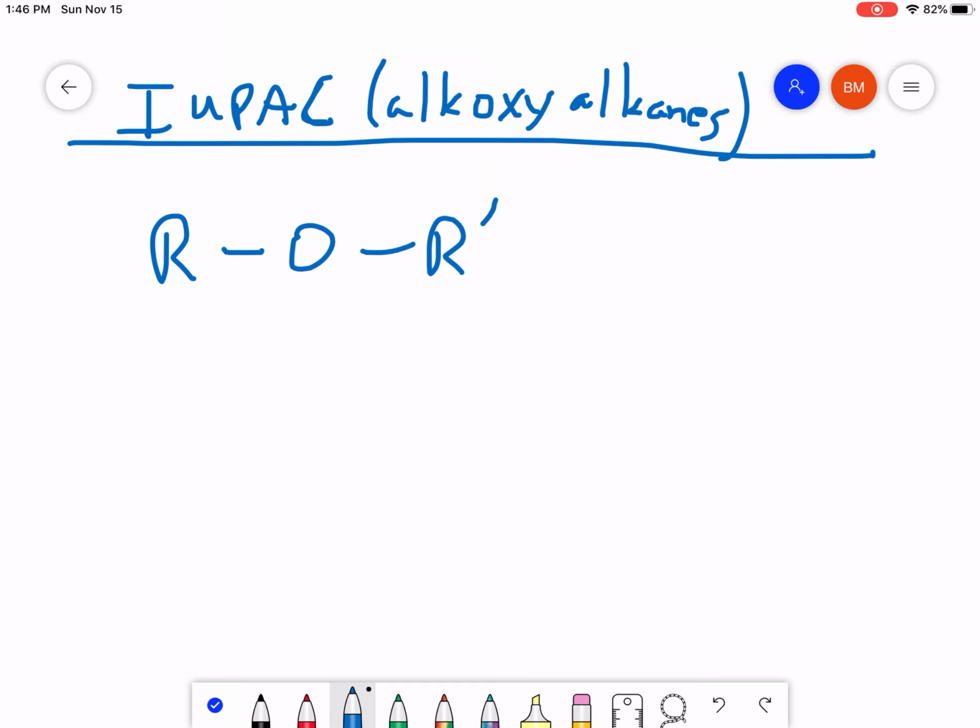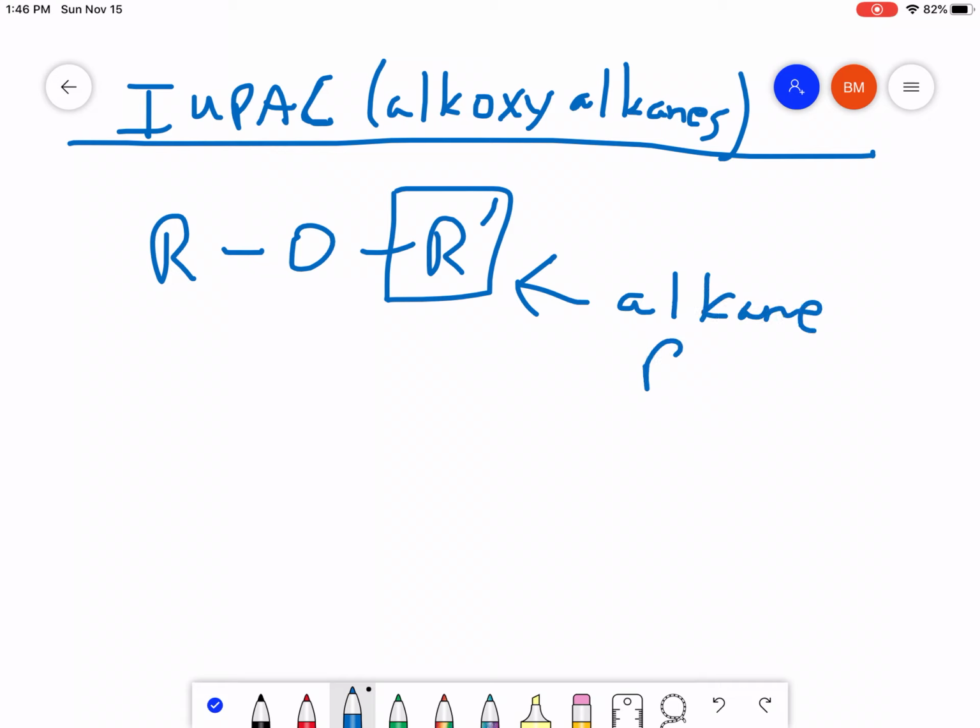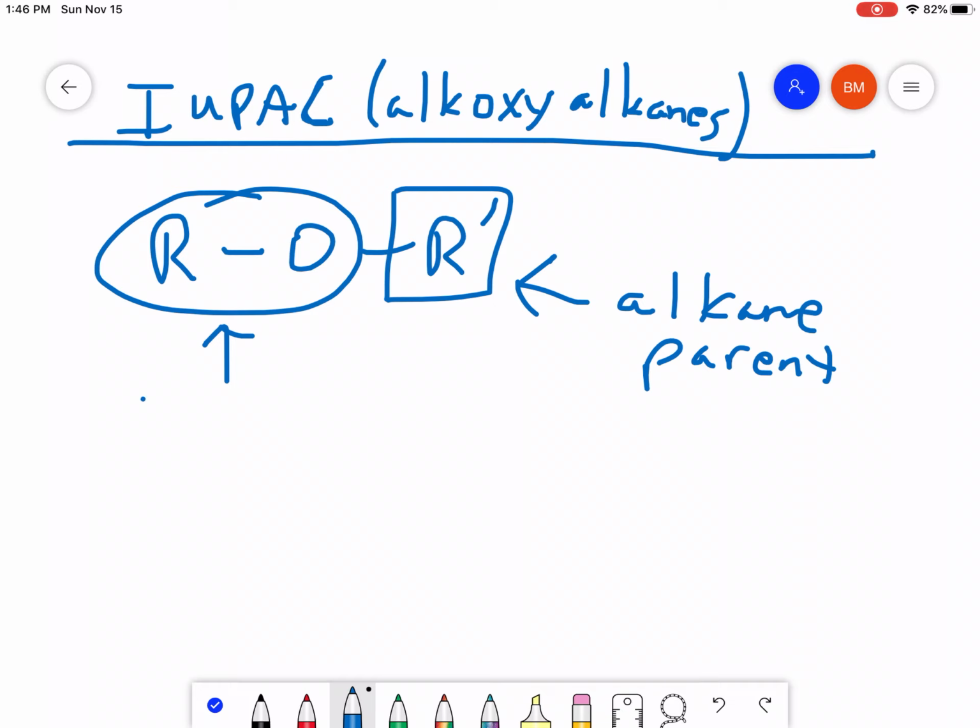Sometimes it's R, sometimes it's R prime, so it's not always the left or the right one. We take one of these, let's just say this one. This one is the alkane parent. The other one, along with the oxygen, is treated as a substituent, and that is called an alkoxy group.